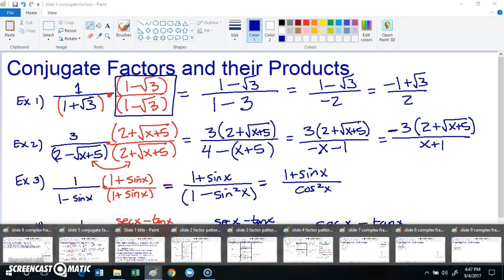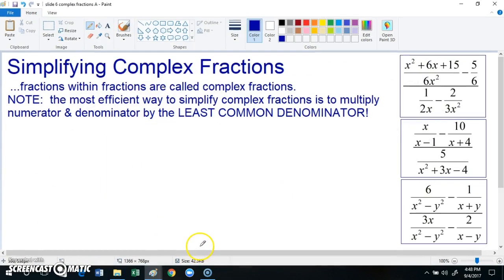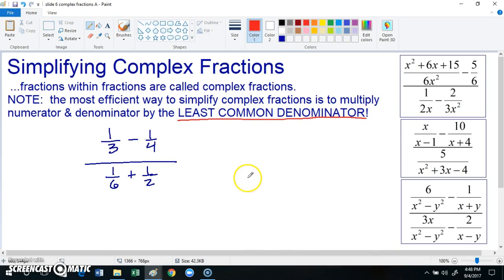Let's move on to complex fractions. A complex fraction is when you have a fraction within a fraction. So if I have 1/3 minus 1/4 over 1/6 plus 1/2, I look at all these denominators and I say, what is the least common denominator of 3, 4, 6, and 2?